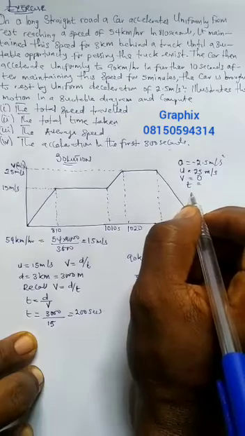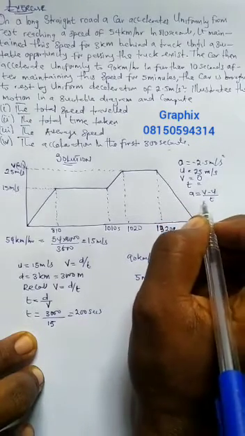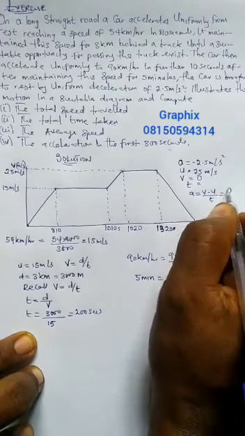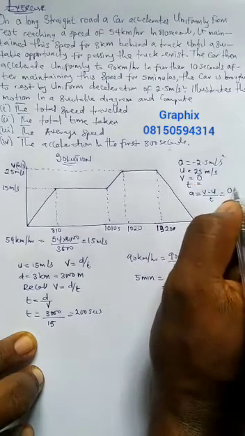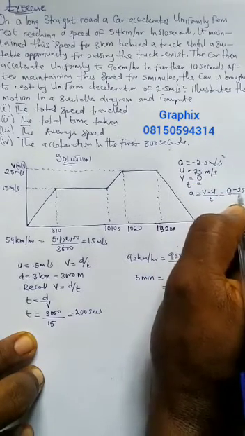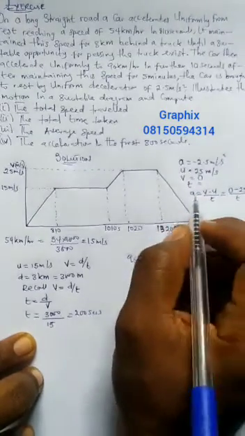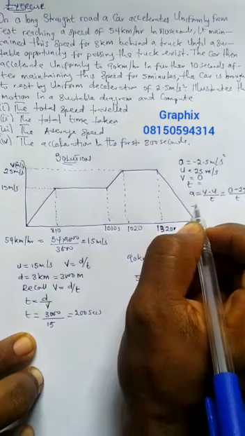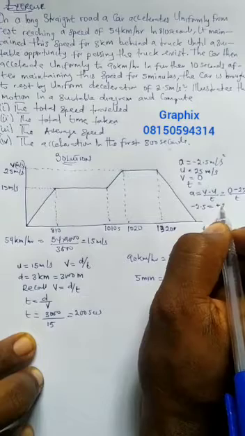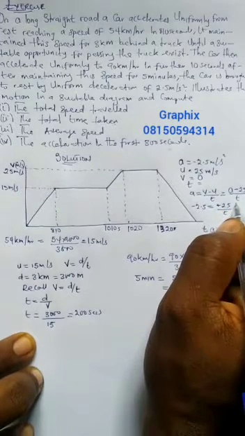So using a is equal to v minus u over t, v is 0, then u is 25, all over the t we don't know. But we know that our acceleration is minus 2.5, which is equal to minus 25 over t, because 0 minus 25 gives you this.